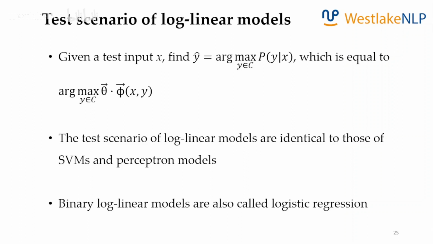Because the sigmoid and softmax are monotonic. The higher your theta dot phi is, the higher the probability is. So essentially you choose the most probable output. When you really need a probability, you apply these functions. That's the testing scenario.